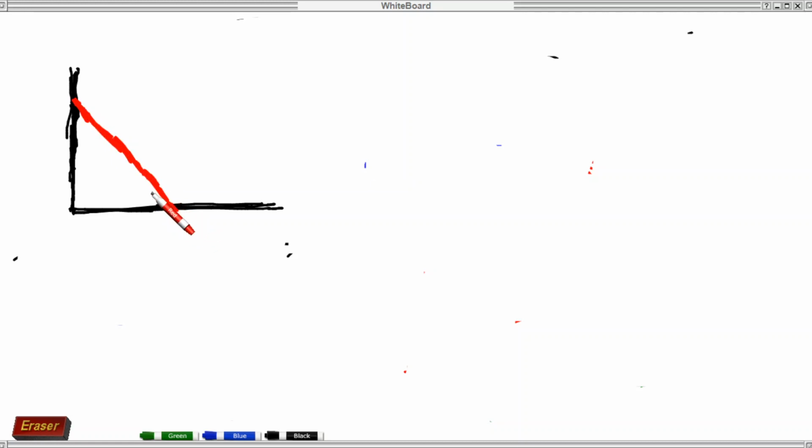It starts sliding. Suppose at this point its velocity is v1, and this point, which will come down, has velocity v2.